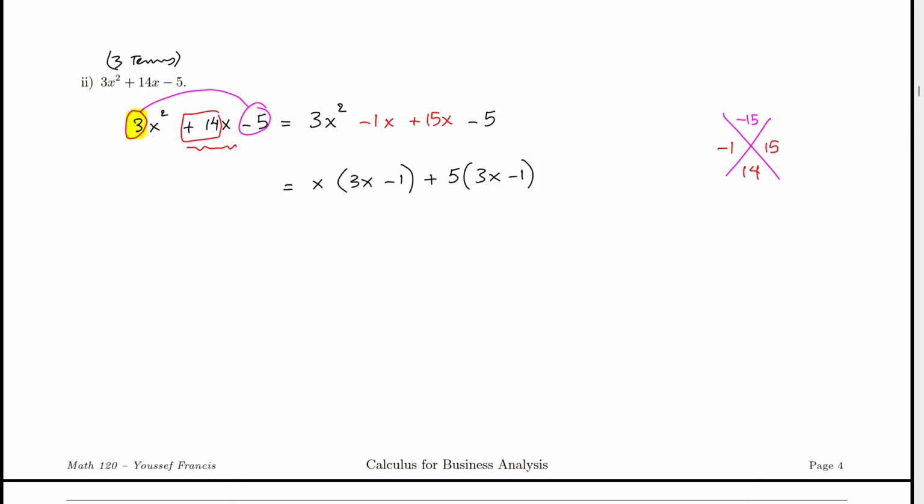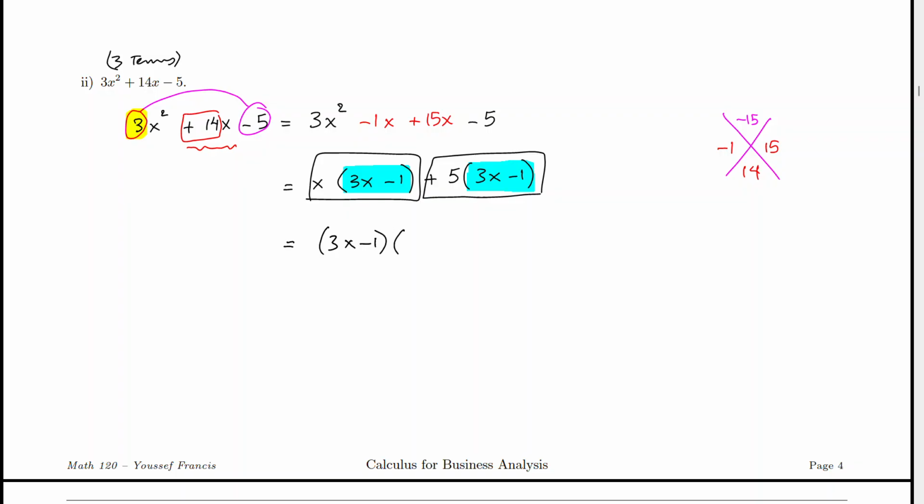And now we're thinking of this x times 3x minus 1 as one unit, and we're thinking of the 5 times 3x minus 1 as the other unit or the other factor. What is common there is the parentheses that contains 3x minus 1. So we grab it and we write it first.